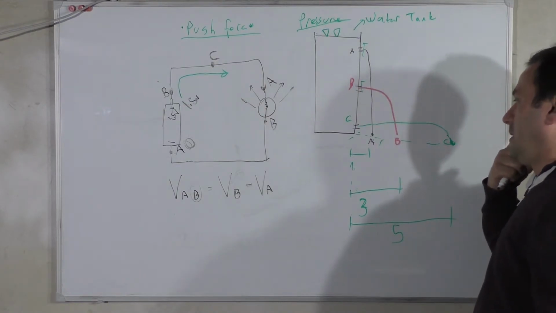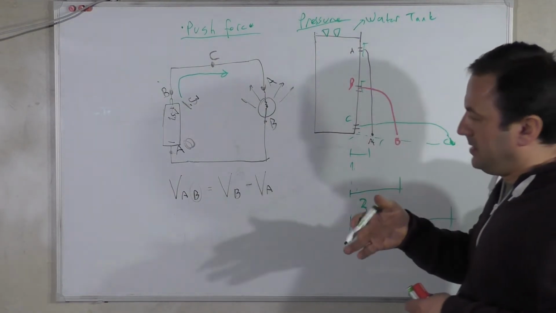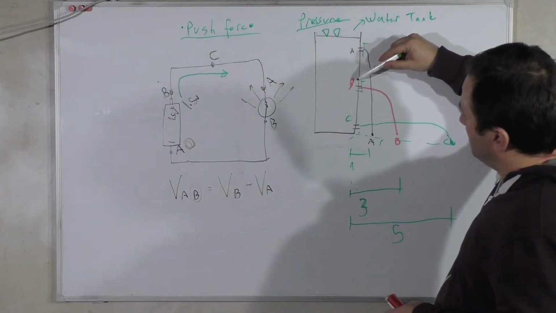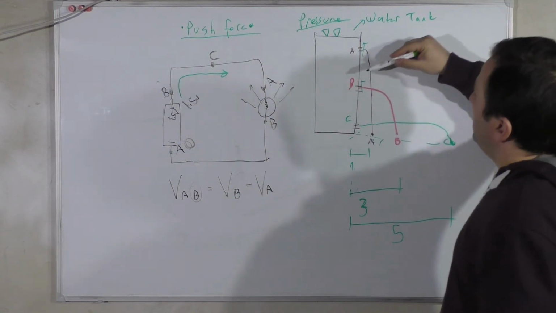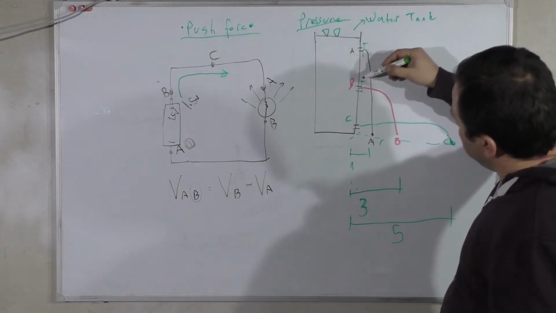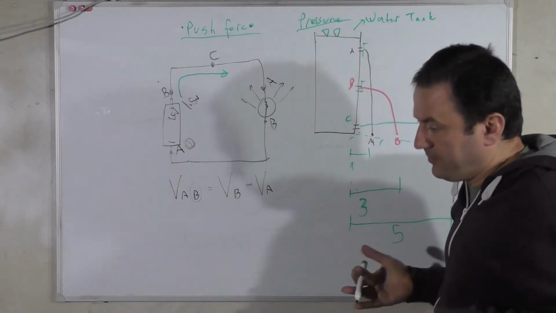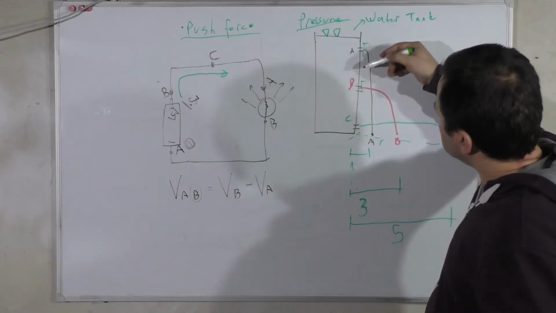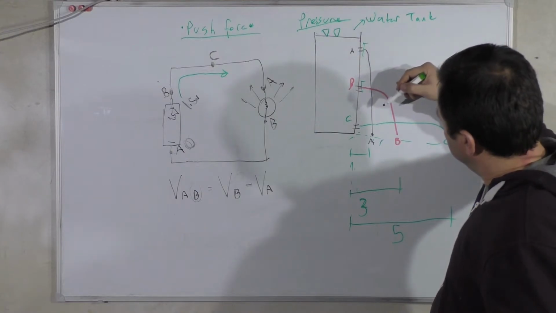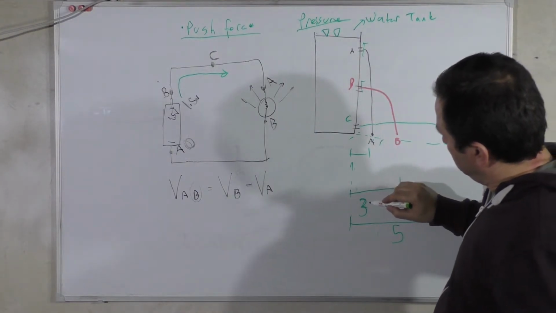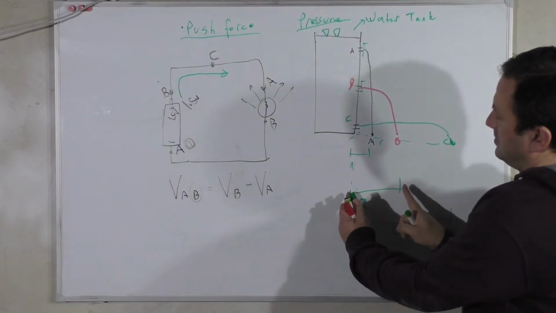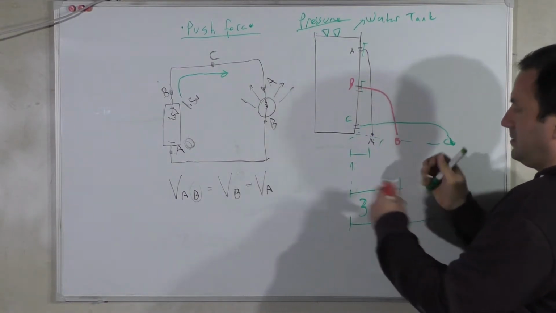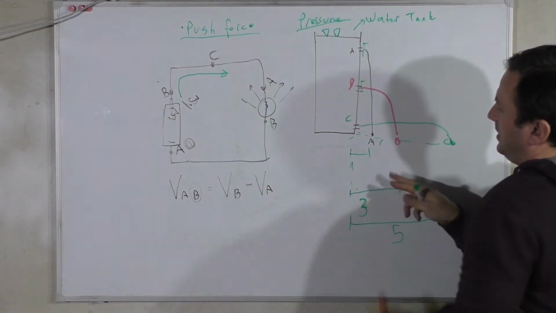So I can't say what the voltage of B is. I must say what the potential difference is between B and A. Yes, it's 3 minus 1, because it goes 3 meters or yards, and the other goes 1.